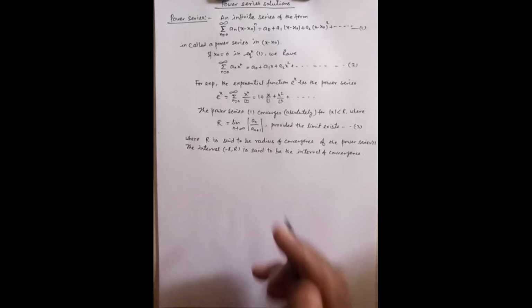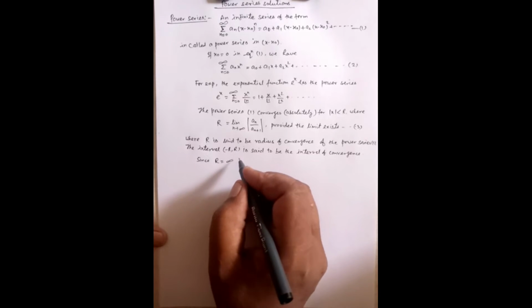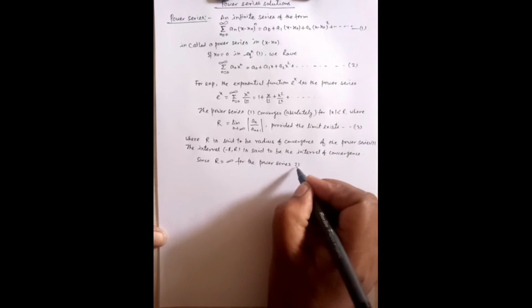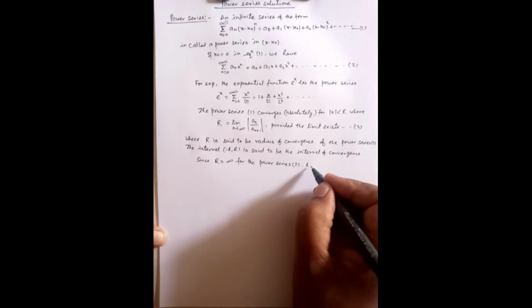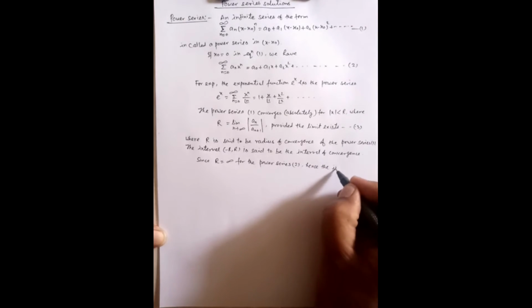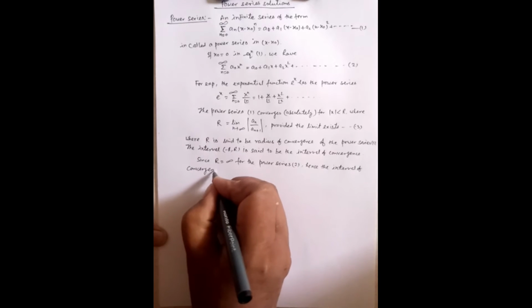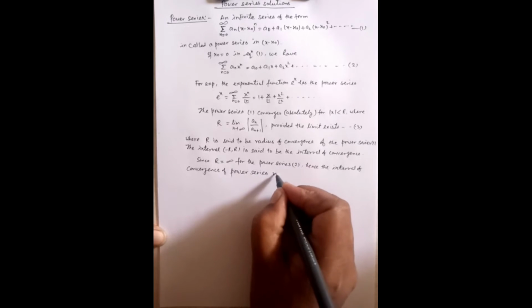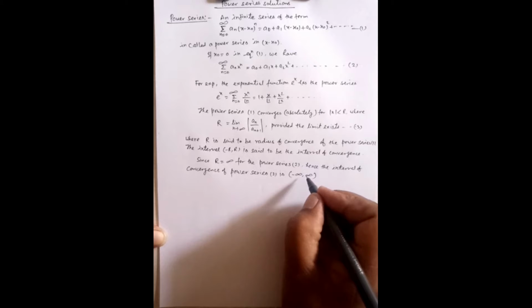Since R is equal to infinity for the power series second, hence the interval of convergence of the power series second is minus infinity to plus infinity, that is, the real line.